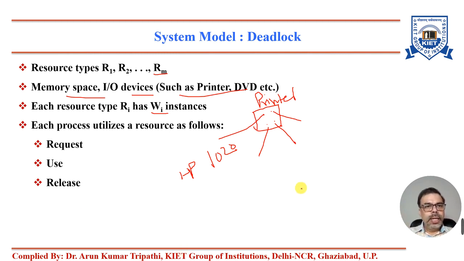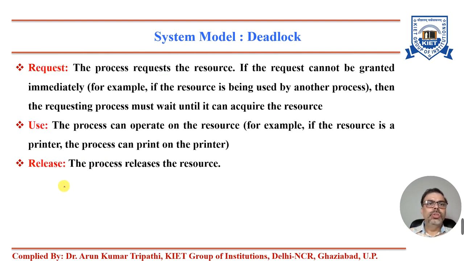When a process needs a resource, firstly it will request that resource from the system, then use it, and after using it must release it. If the request cannot be granted immediately, for example because the resource is being used by some other process, then the requesting process must wait until it can acquire the resource.